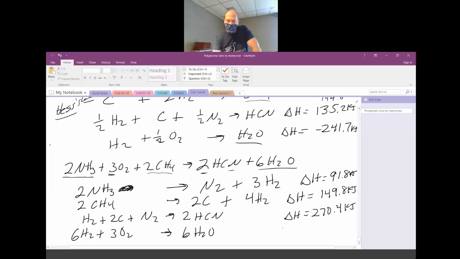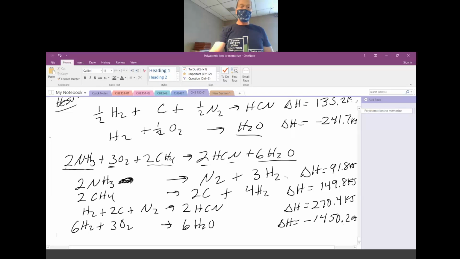And then the delta H of that is you take your negative 241.7 and multiply that by 6, and you get a negative 1450.2 kilojoules.